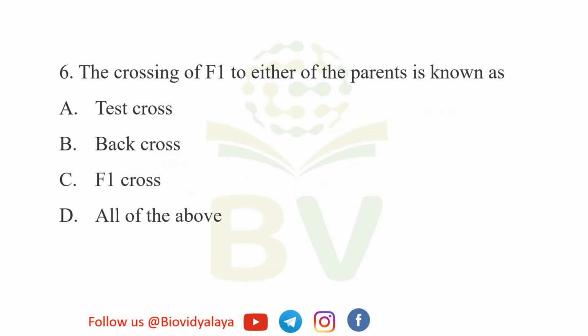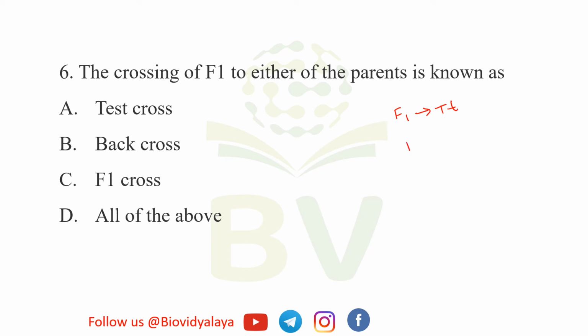Next question. The crossing of F1 to either of the parent is known as option A, test cross, option B, back cross, option C, F1 cross, option D, all of the above. We discussed this concept in our last video. In that video I took the example of height of the pea plant. So the F1 hybrid is capital T small t.